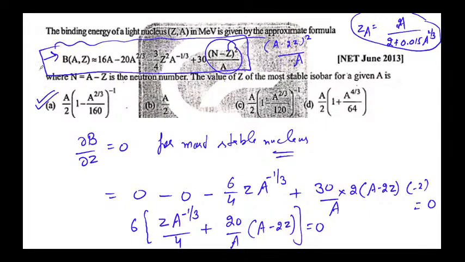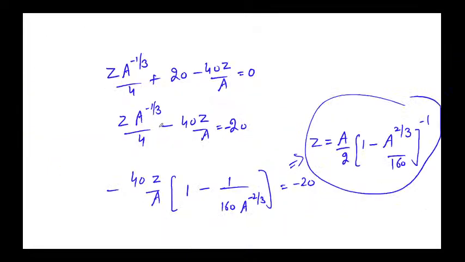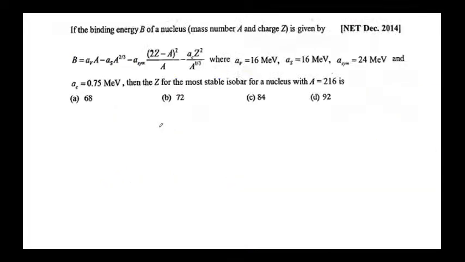So we have to again find out to solve this equation and then we have to find the answer. So this is the question of NET June 2013 examination. So let us do one more question related to this, and this is the question in CSIR 2014 examination.